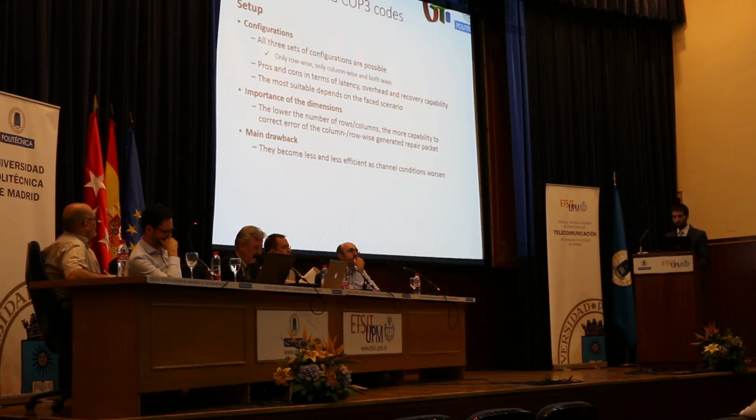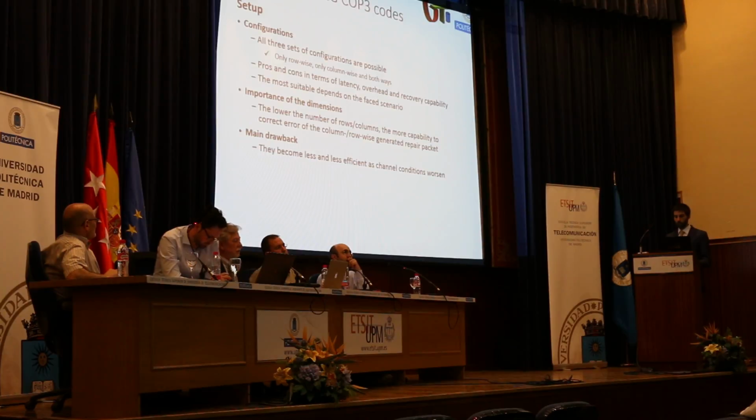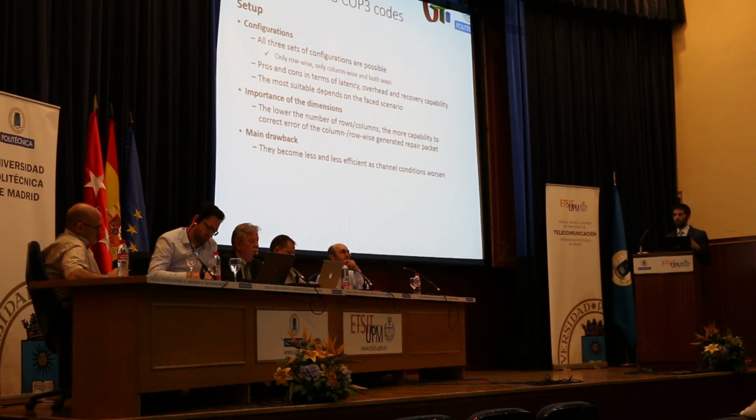And now a word about the dimensions of the matrices, which very much define their capability to recover from losses. For example, for a row-wise generated packet, the number of columns used in this matrix defines the error recovery capability of these repair packets, in the sense that it is less likely that we have more than one lost packet in this column.